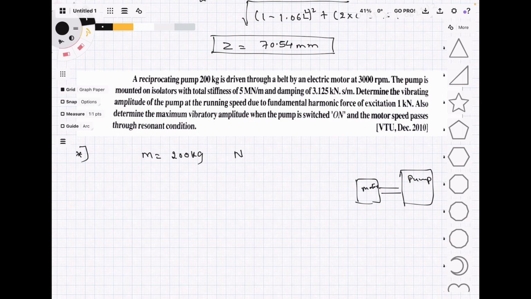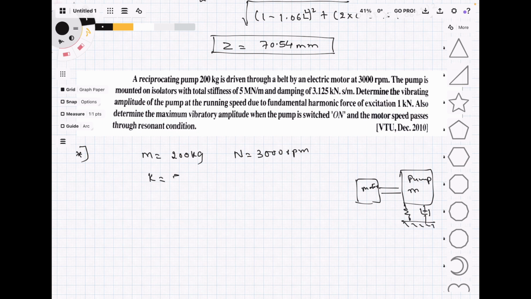The pump is kept on the isolator, which is a combination of a spring and a damper system. The mass of the pump is 200 kg and the motor rotates at 3000 rpm.